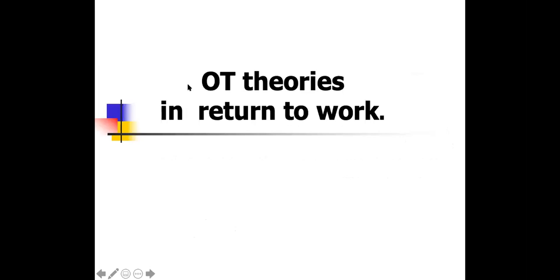Okay, then I go to OT theories in return to work. OTs don't have that many theories, but this theory is our bread and butter. Our theory is important because sometimes when we meet a patient, we wonder what else we can do with this patient. If we don't have theory, our role and our objectives will be limited.